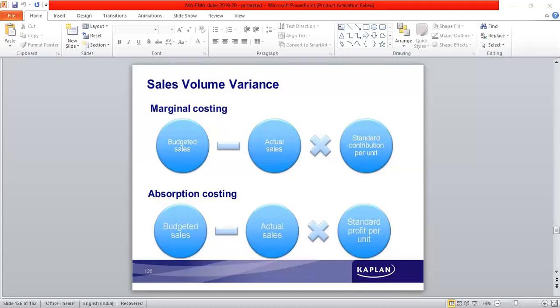One second. Are both the CRs there in the class? I think one CR is Joshua, the other CR is Priya, if I'm not wrong. I'm really sorry. Yes, ma'am.